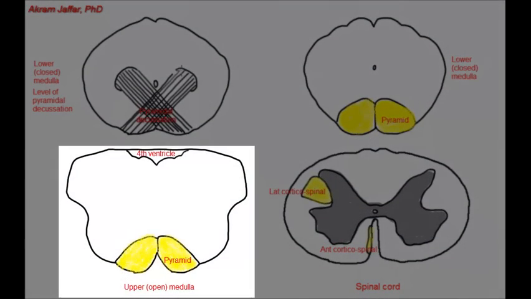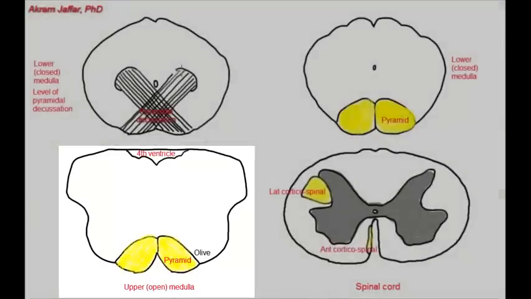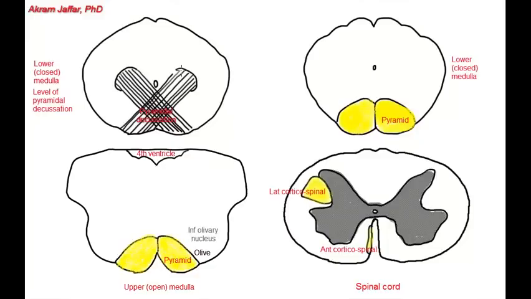Posterolateral to the pyramids are the olives, and these are oval elevations. They are produced by the underlying inferior olivary nuclei. The inferior olivary nucleus is the largest nucleus of what we call an olivary nuclear complex. The gray matter of this nucleus looks like a crumpled bag with its mouth directed medially.